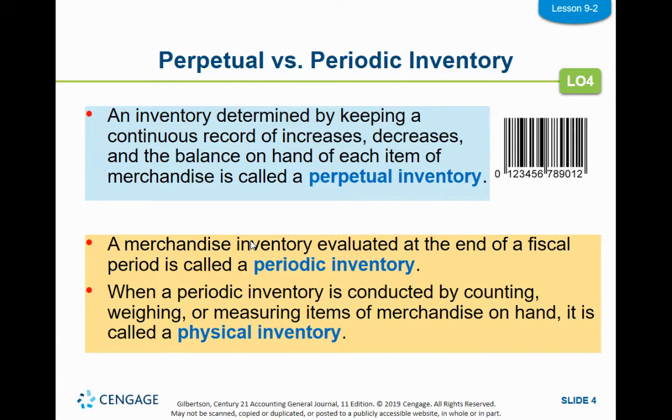So when I used to work at Payless Shoes before I was in teaching and I managed a Payless Shoe store, which doesn't exist anymore, we would about three or four times a year, usually we did it quarterly, so every 3 months, we had to do a physical inventory.